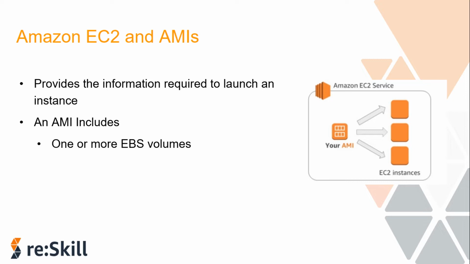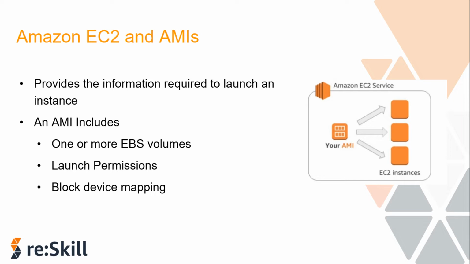I will show you on the console what are the different things that are included in this. Apart from this, there will be launch permissions also included in the AMI, like who can use this AMI to launch their EC2 instances, and also a block device mapping that will specify the volumes that need to be attached to the instance when it's launched. That was a very basic thing about AMI.